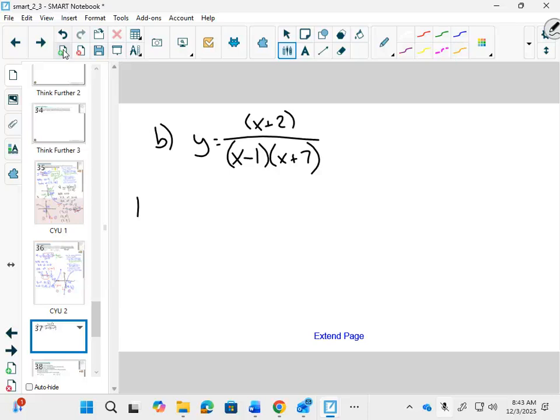And once again, now our non-permissible values, x can't equal 1 and x can't equal negative 7. And since they don't disappear, they will both be vertical asymptotes.